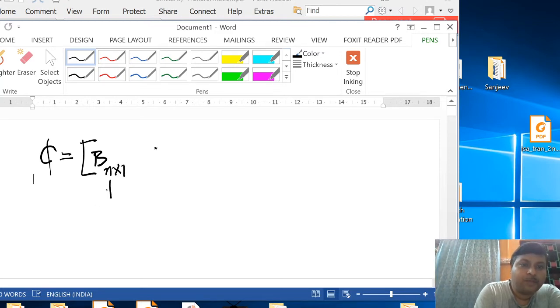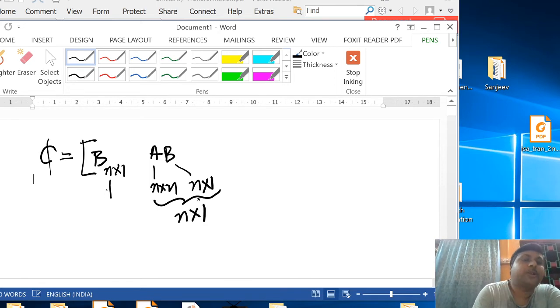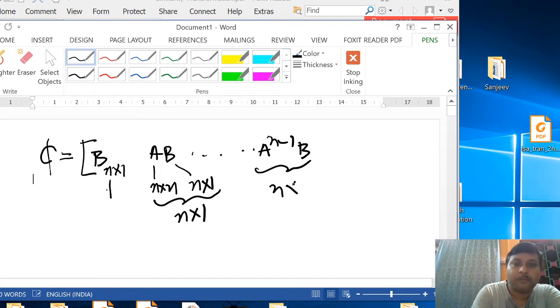Now AB: A is n cross n and B is n cross 1, so ultimately you will get n cross 1, also a column vector. Similarly A to the n minus 1 times B will also be n by 1, so ultimately the controllability matrix will have dimension n cross n.